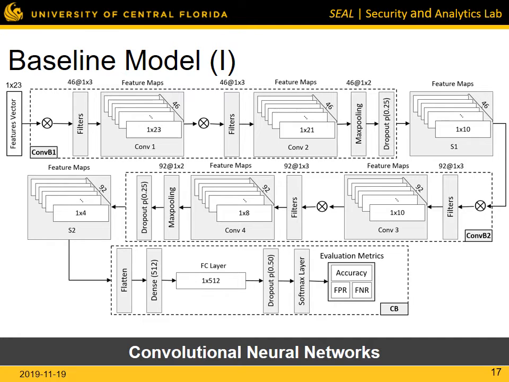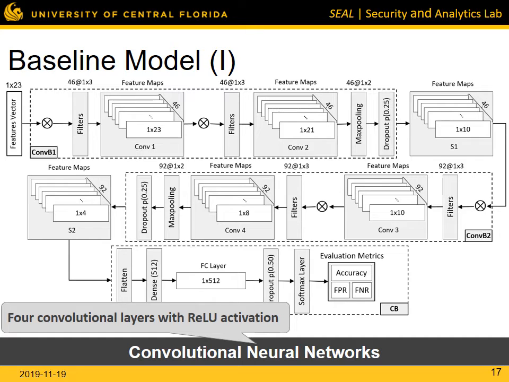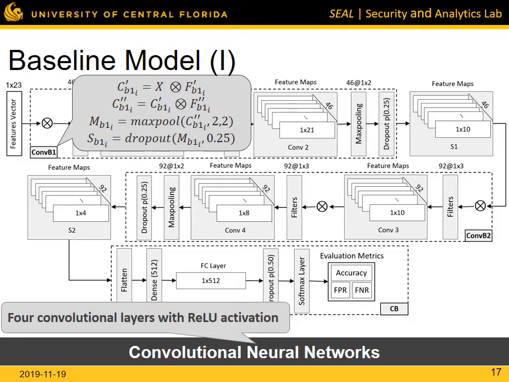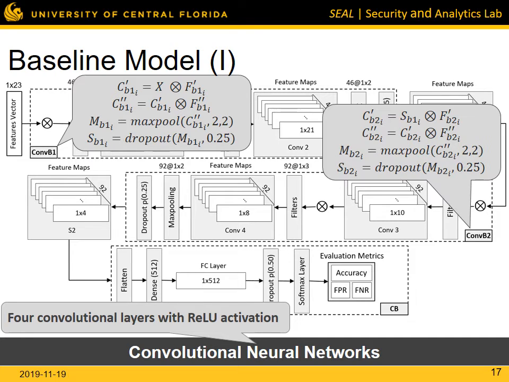Let's describe our baseline models. Our first baseline model is a CNN, which consists of 4 convolutional layers with ReLU activation function. There are 3 basic blocks. The first block consists of 2 consecutive convolutional layers followed by a max pooling and dropout. The second block is similar to the first block, although applied on the output of the first block.